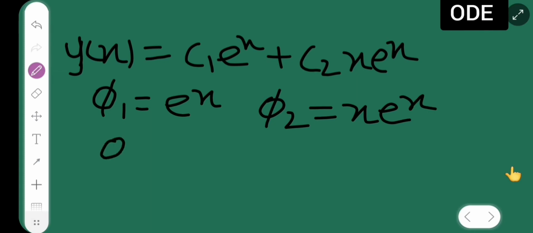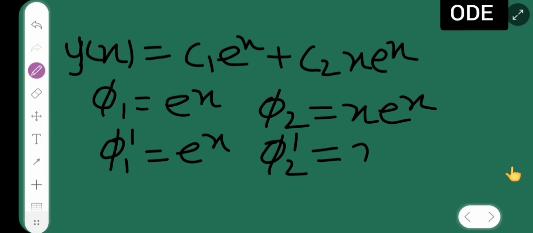What is my phi 1 dash? It is equal to e raised to the power of x. What is my phi 2 dash equal to? If it is with respect to x, first I have to find the derivative. So it will be e raised to the power of x plus x e raised to the power of x.